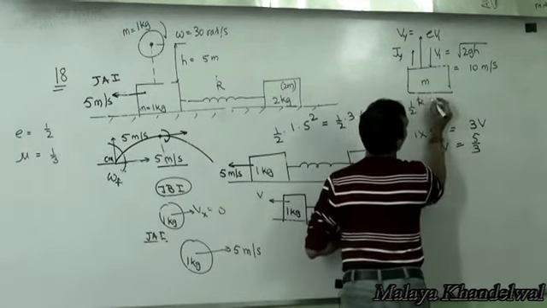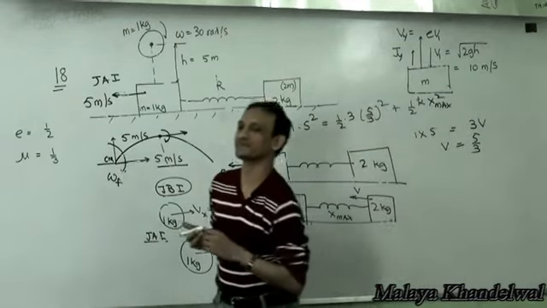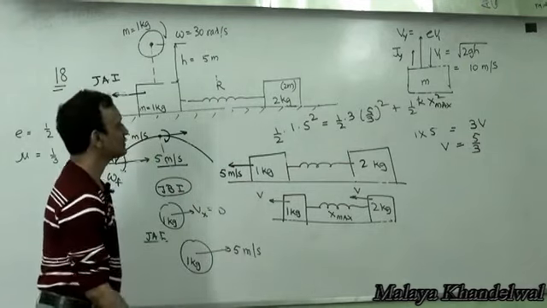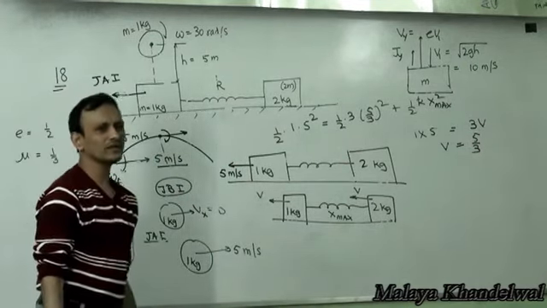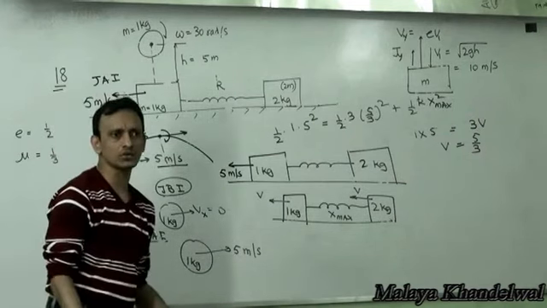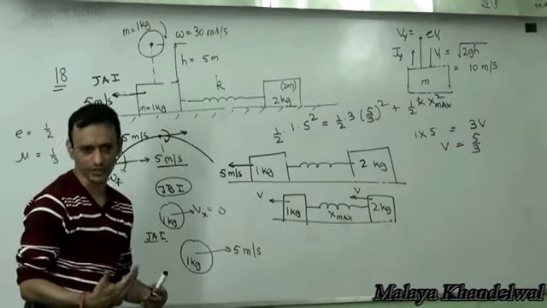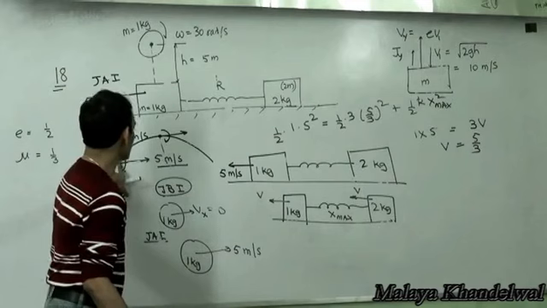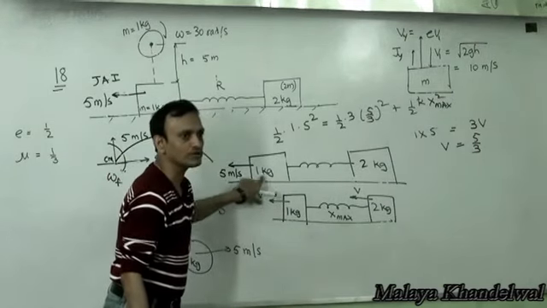I'm sorry, half k x max squared, I'm so sorry. And you can realize that there is loss of energy in this collision because it's an inelastic collision. E is not 1. So that's why the final energy is going to be less than the initial energy. The final energy would be energy in the ball plus kinetic energy of the block, half of 1 into 5 squared.